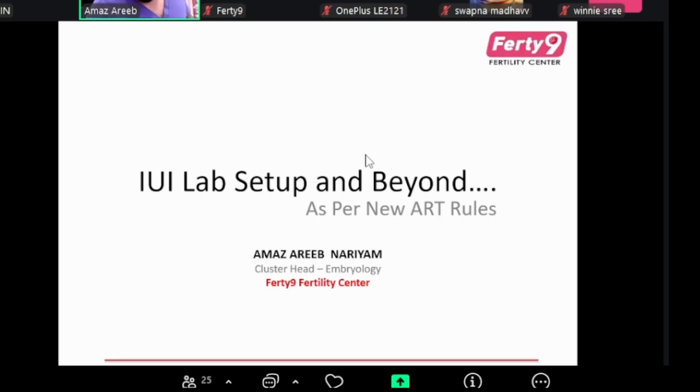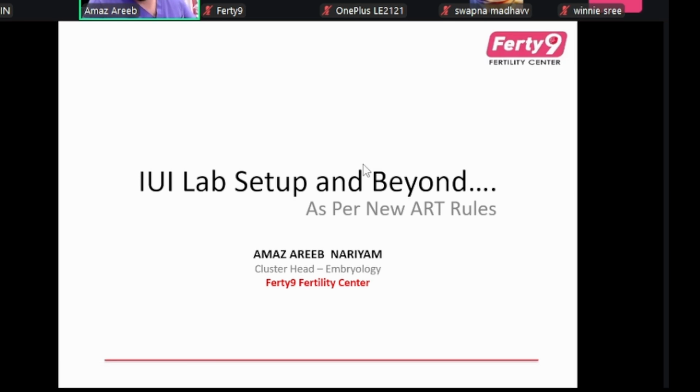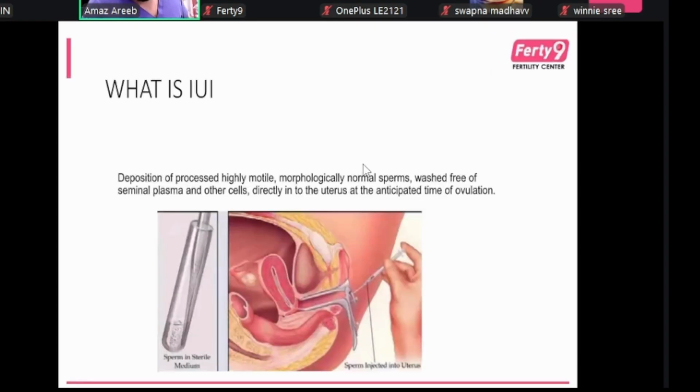As we all know, IUI has a mere success rate of around 5 to 10%. Sometimes it can peak up to 15% based on the etiology of the patient. So let's begin with what IUI is. The reason we need IUI is to have a highly motile fraction of sperm to get fertilized.